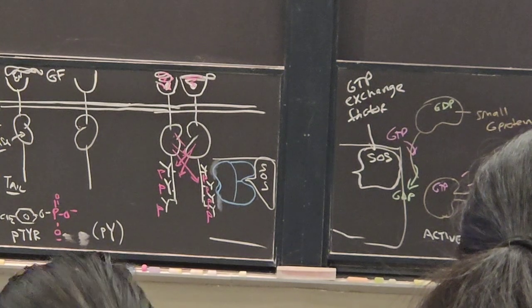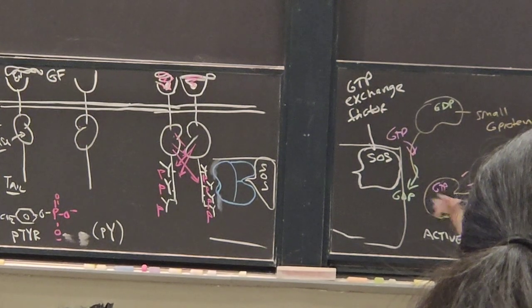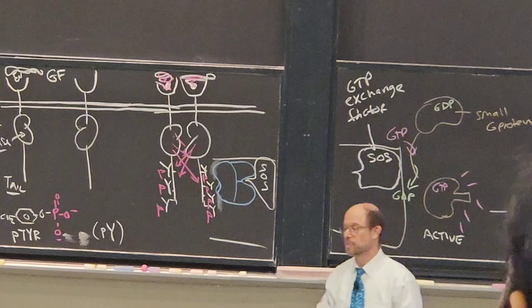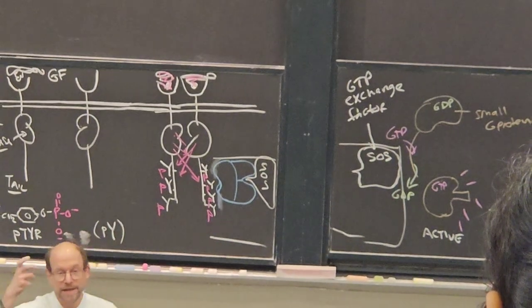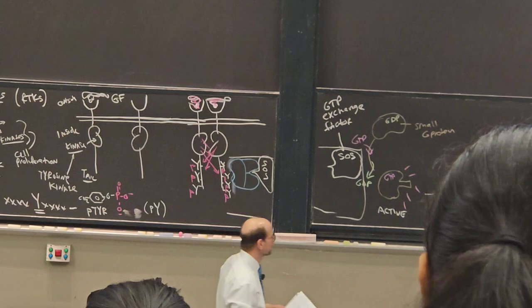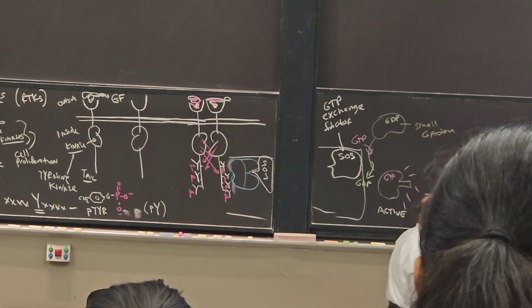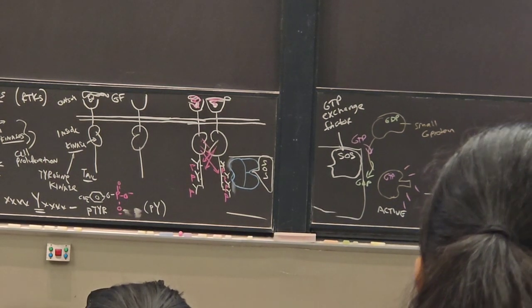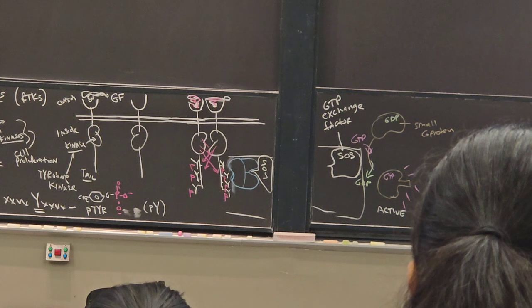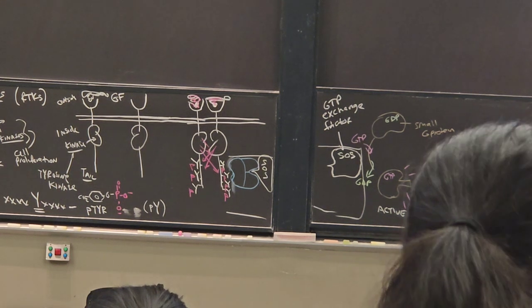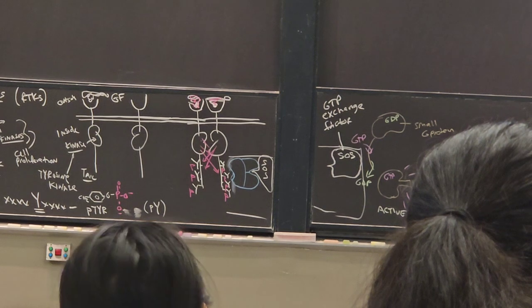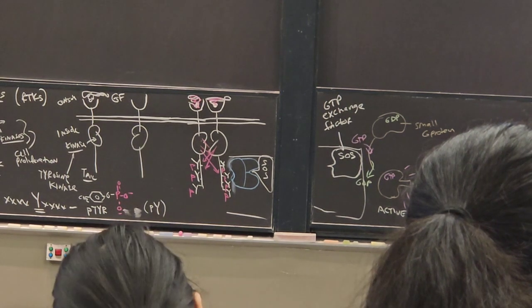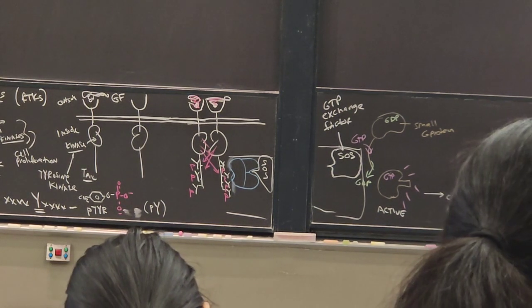Now we talked a little bit about domains, and I've already snuck in on you the idea of a domain when I talked about kinase domains, and I talked in PKA about that kinase, that catalytic subunit as being a domain. What do I mean by a domain? I mean a part of a protein that folds independently and it has some kind of autonomous function.